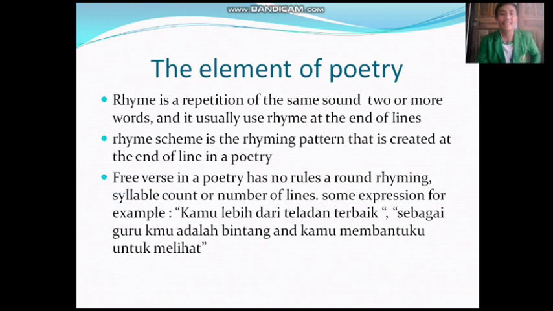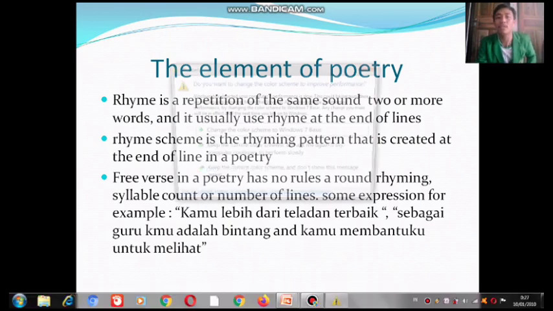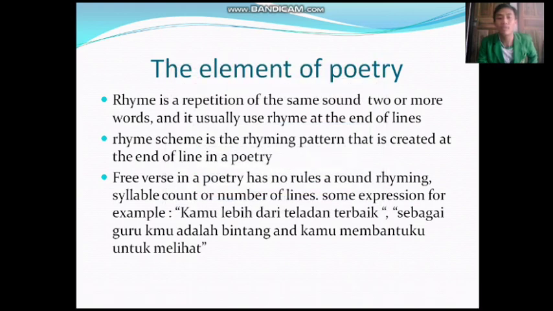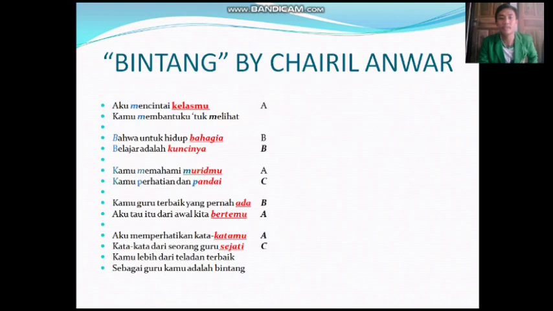The next one is rhyme. Rhyme is a repetition of the same sound in two or more words, and it usually appears at the end of a line. As you can see on the screen, I have highlighted the same sounds of the rhyme.